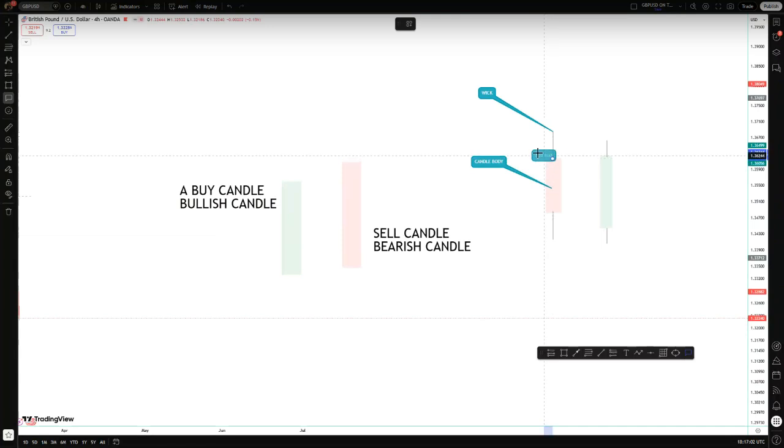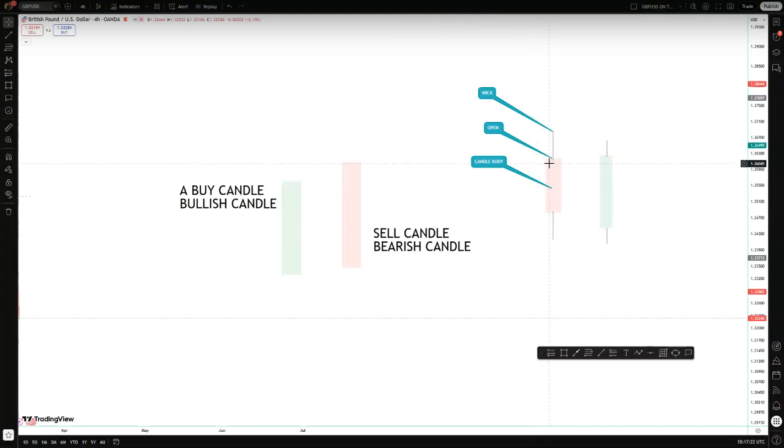So for this, here will be the open. Why? Because a bearish candle is meant to go down. The direction for a bearish candle is always down, so the open should be up. It's going from up to down.